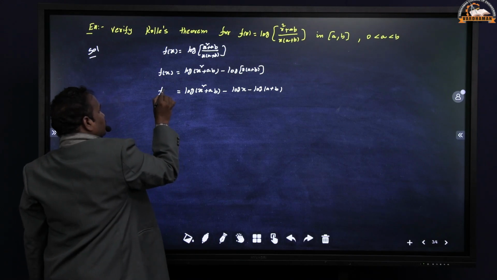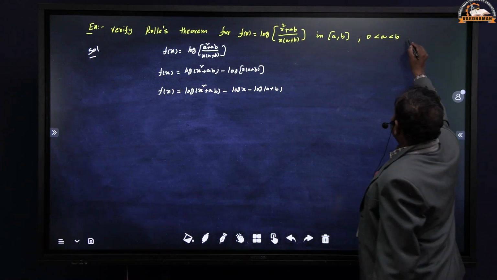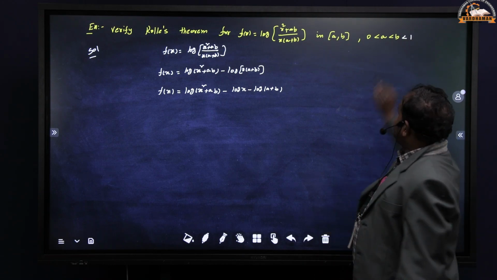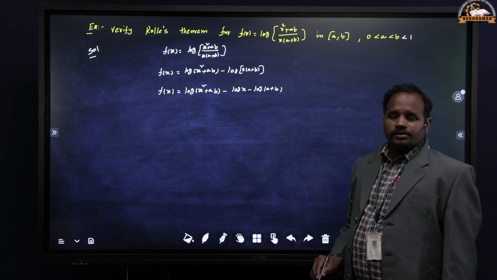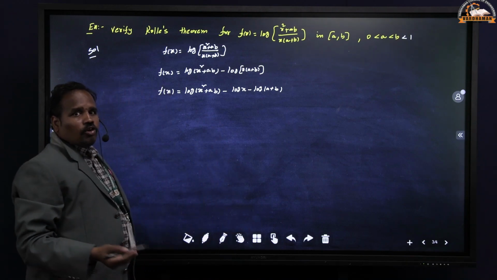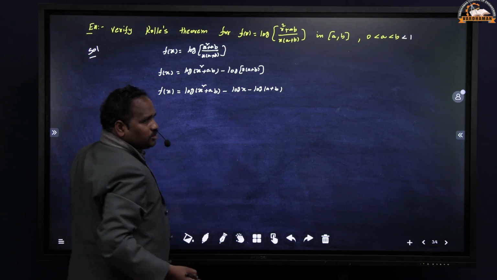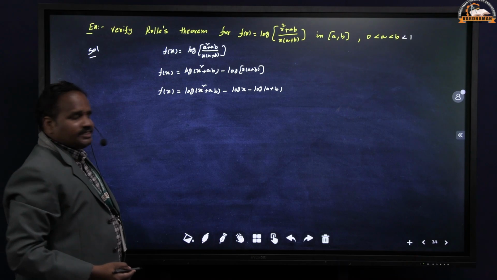So this is our function f of x, and here 0 less than a less than b less than 1. That means a comma b values always lie between 0 and 1. And that's why this logarithm cannot become 0, because log 1 is 0. So this one cannot become 0, this one cannot become 0, this one cannot become 0. So the values of that one exist.